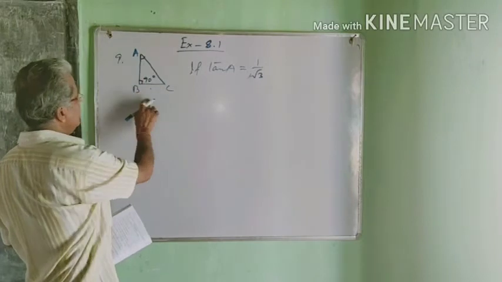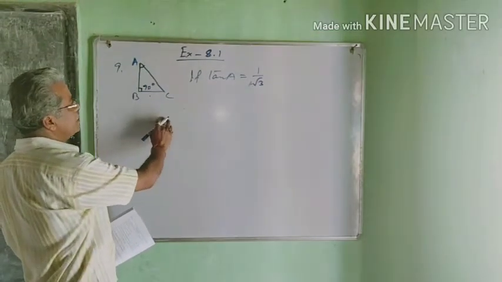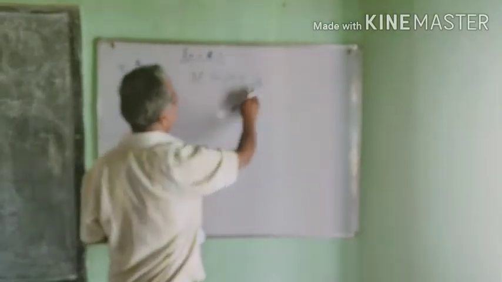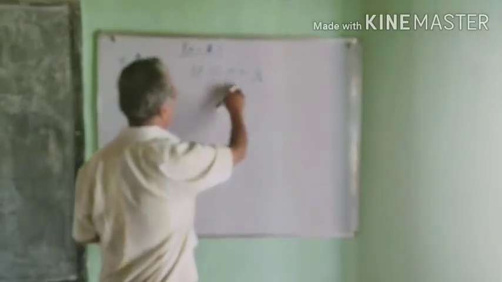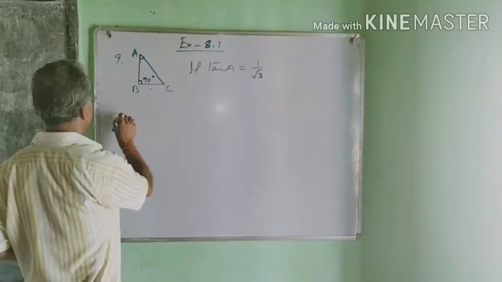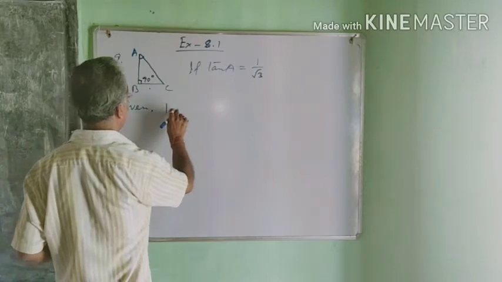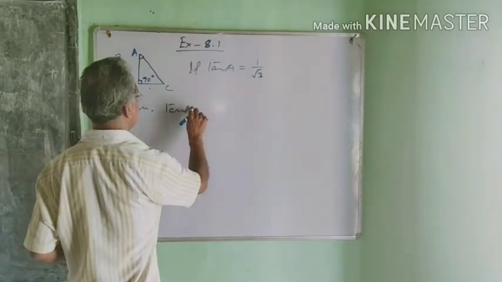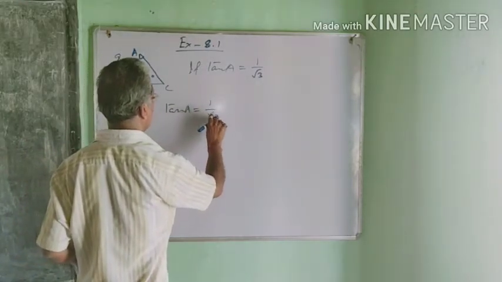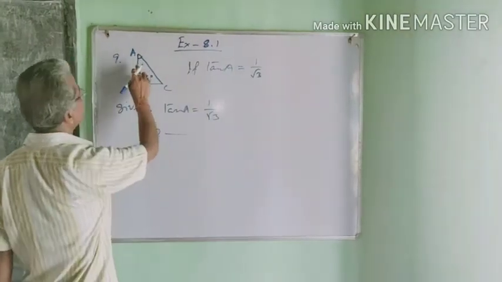Triangle ABC, right angle at B, so B is 90 degrees. You are given tan A is equal to 1 by root 3. From the given condition, you are to proceed. Given tan A is equal to 1 by root 3. Now what is tan A here?